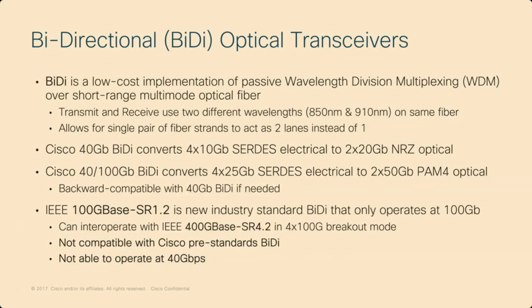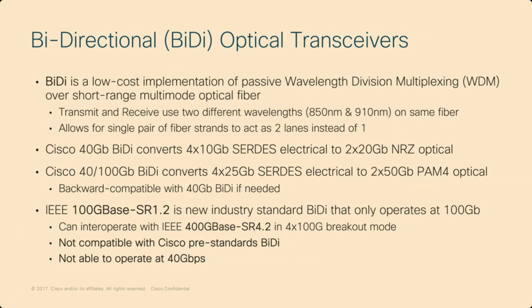For the 40 gig BiDi, we were able to do basically 40 gig over a single pair. And then the 40/100 gig BiDi was able to do the same thing using 25 gig signaling. And that was backwards compatible with the 40 gig BiDi. However, BiDi has now been adopted by the IEEE.